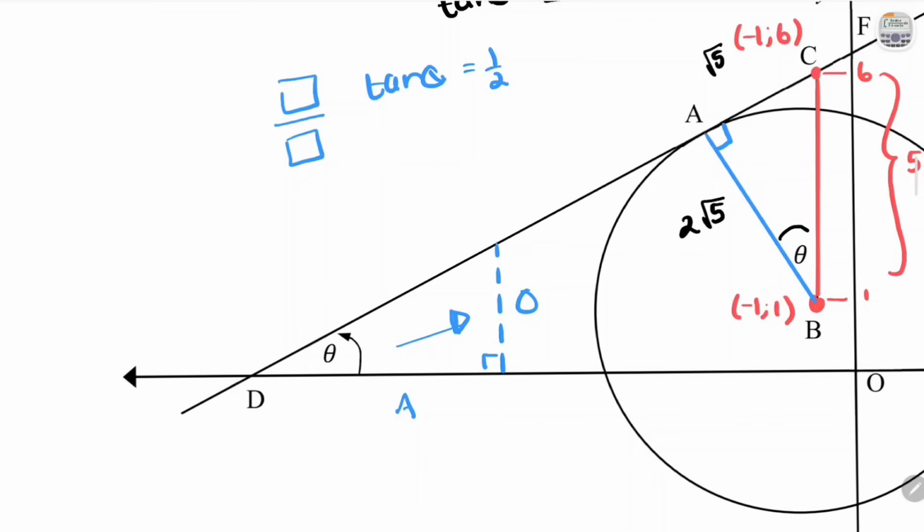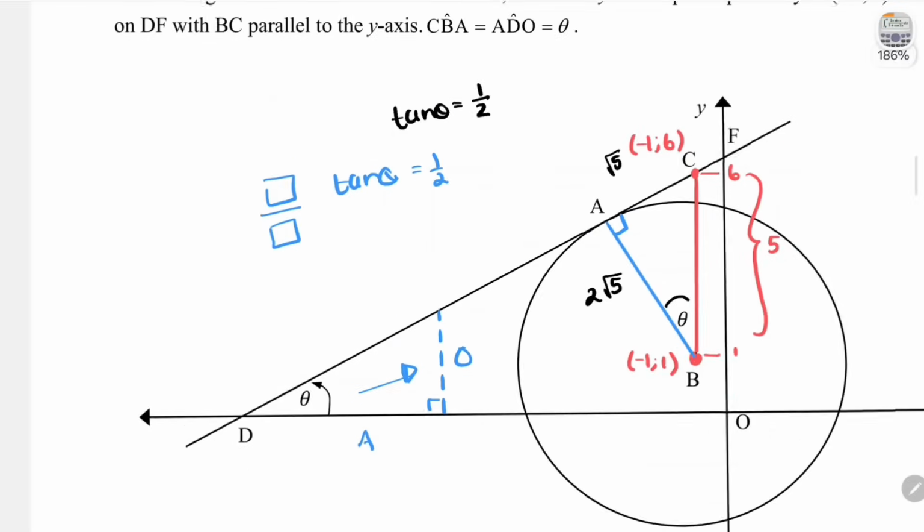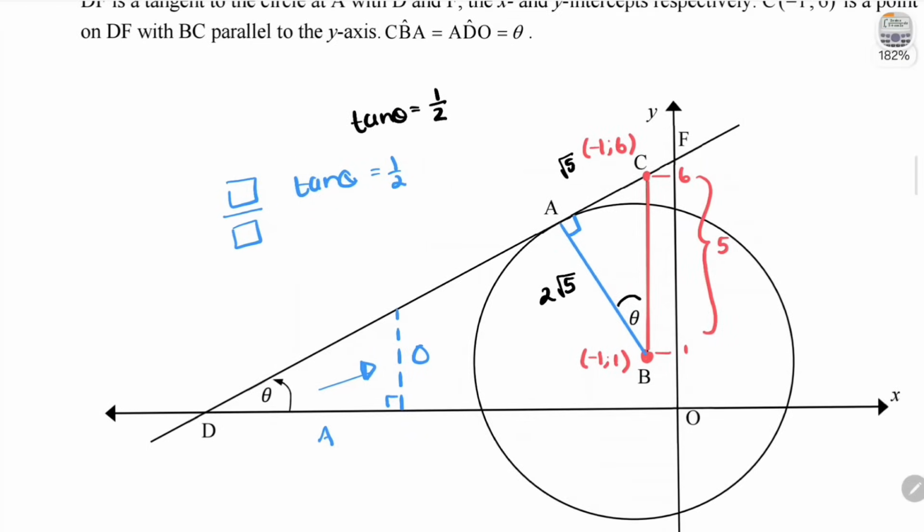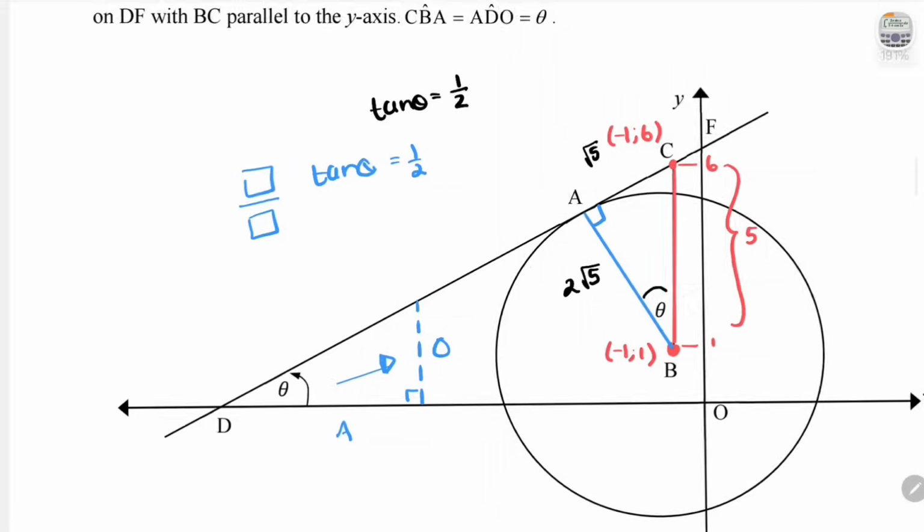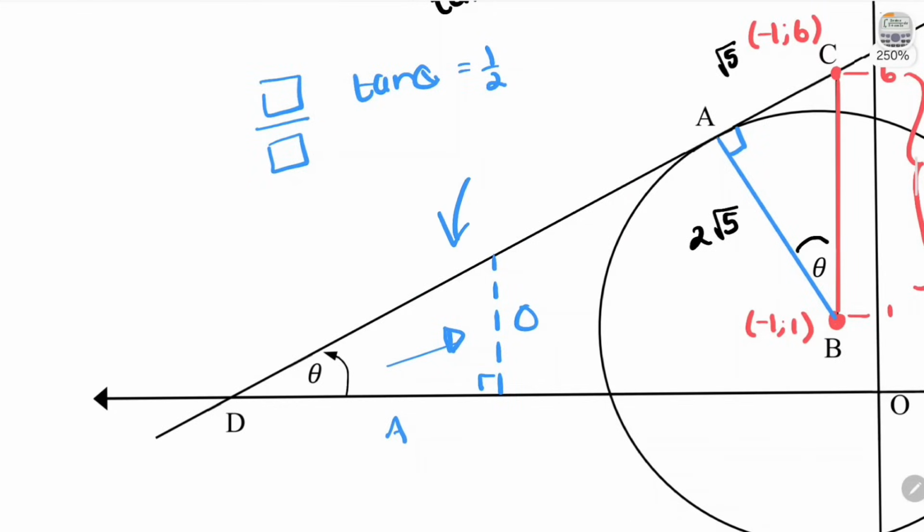Now, here's the thing with gradient. Because to find the equation of line AB, we need the gradient of this line, since we don't know what A is, so we can't really find that gradient. So to find the gradient of this line, here's the thing. Remember how tan theta is equal to the gradient?